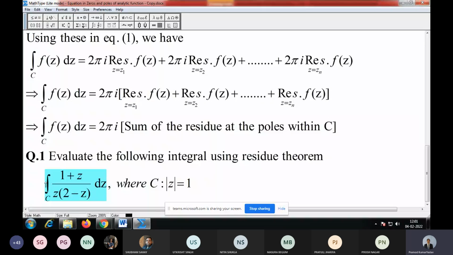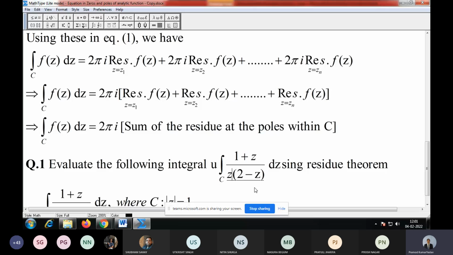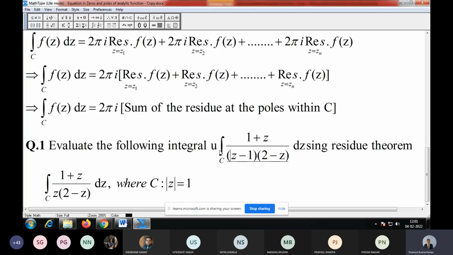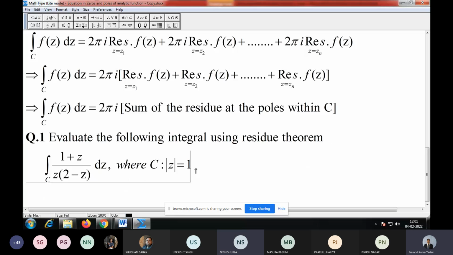Similarly, if someone changes the denominator to z minus 1, and the circle is going to be |z minus 1| equals 1.5, then again z equals 1 is going to lie inside this circle, and 2 will be outside it.